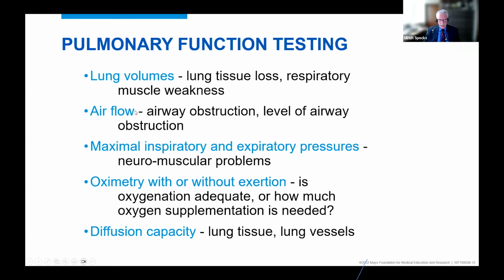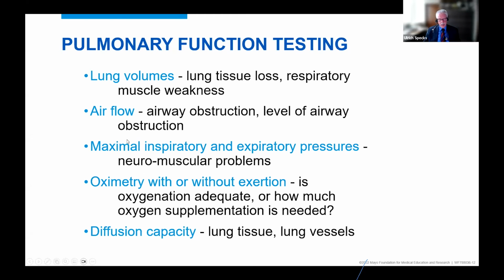We can measure your airflow, how much you can breathe in and out in a certain time frame, and that gives us an indication of whether there is any airway obstruction. And it allows us to tell where that airway obstruction is. Is it the small airways or is it the large airways?